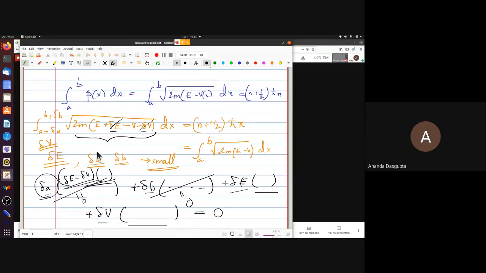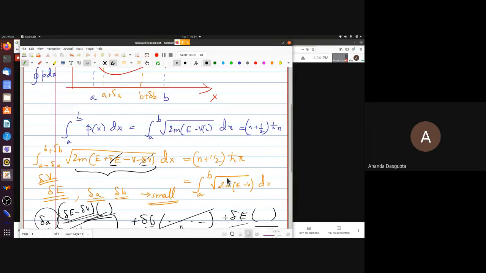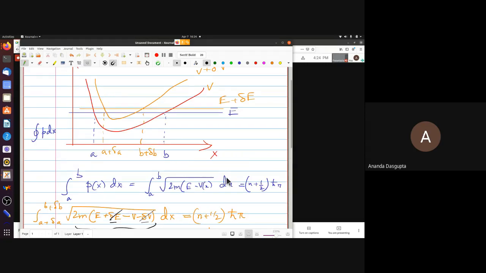So the first order deviation will only come from delta E and delta V terms, which is what we use to derive this WKB prediction for delta E, which as we found out was close to the first order Rayleigh-Schrodinger prediction, but not exactly the same. It matches the Rayleigh-Schrodinger expression very closely for large values of n, but not for small values of n. But even for small values of n, it's not too bad. Okay, any other questions?